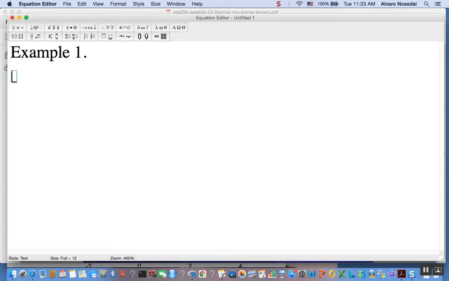So we have our formula: x bar plus minus c star times sigma divided by the square root of n.